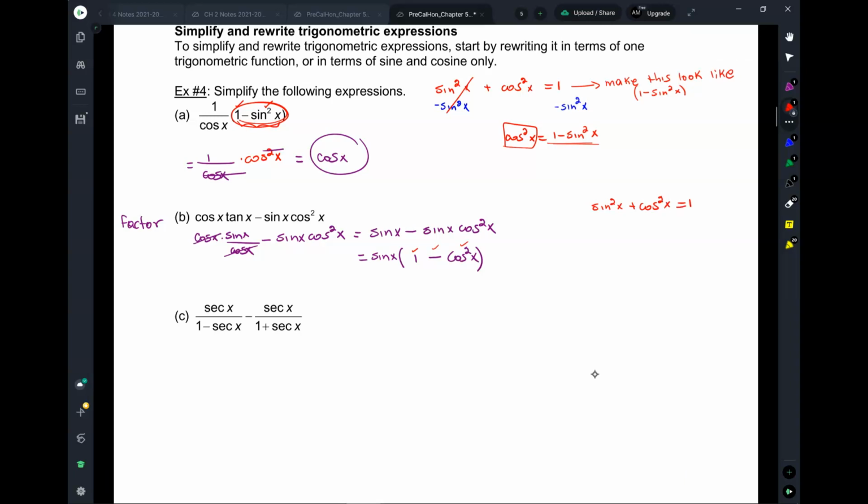What should I do to make it look like 1 minus cosine squared x? Subtract cosine squared x. So sine squared x is 1 minus cosine squared x.